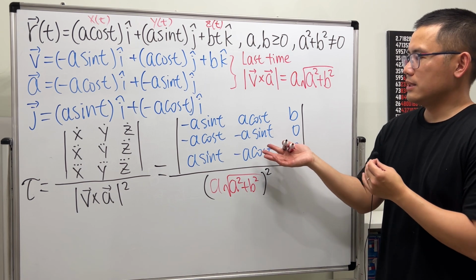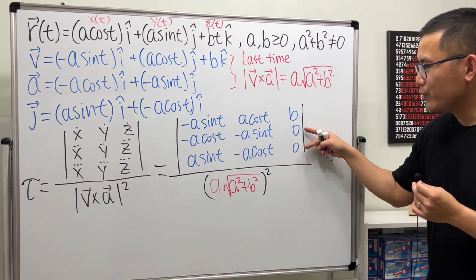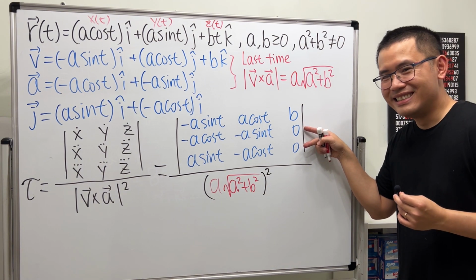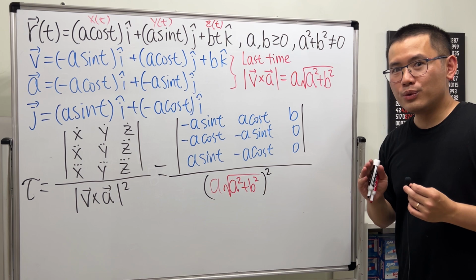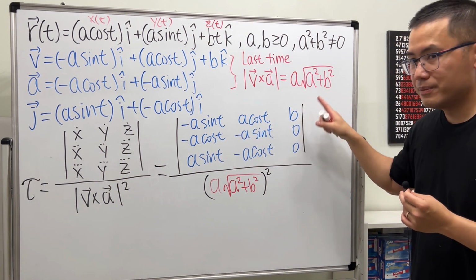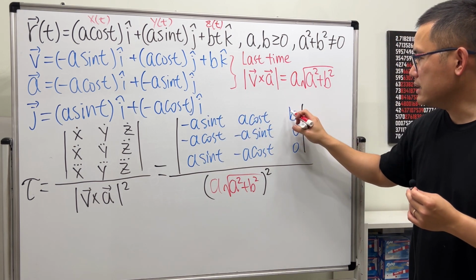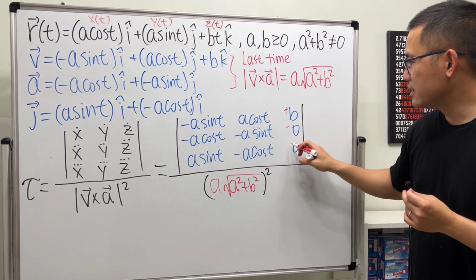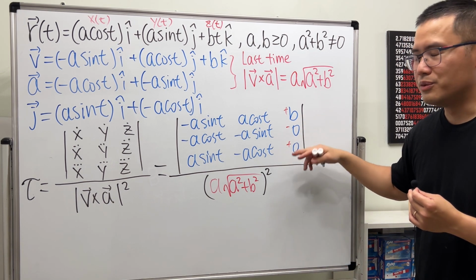Now this right here looks intimidating, but it's actually not so bad because we have 2 zeros. So let's just go ahead and do the following. We are going to do the cofactor expansion about the last column. To do so, remember plus, minus, plus and then minus, plus. In fact, they don't matter because you get 0.